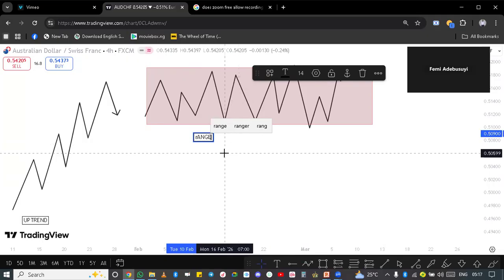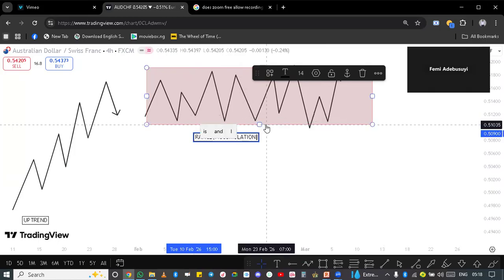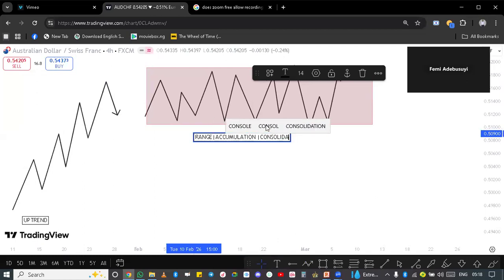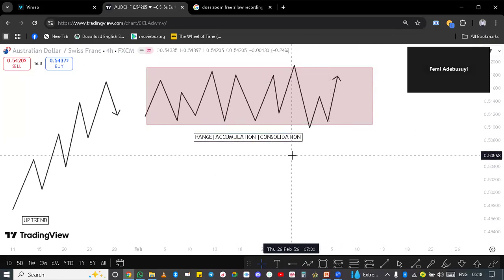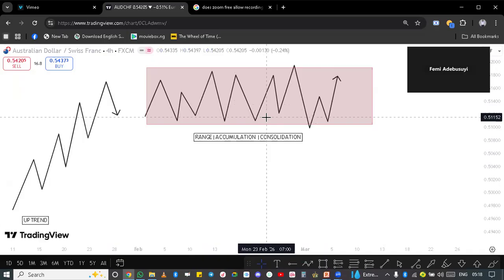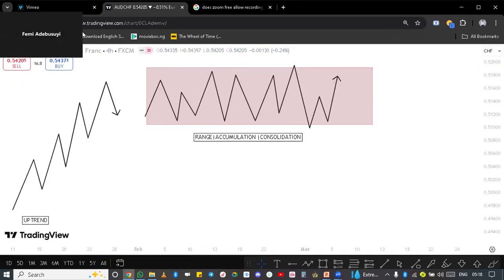You can call it a range, some will say it's the accumulation phase, and some call it consolidation. Whatever you choose to call it is perfectly fine. So we have the uptrend, we have the range, the accumulation, the consolidation. Some people call it sideways trend. It's fine. Are we together?